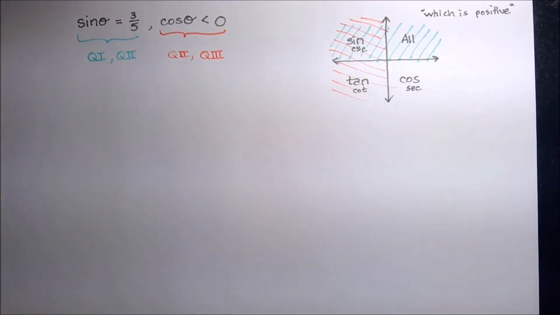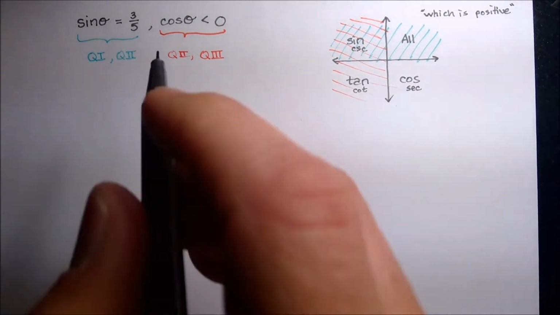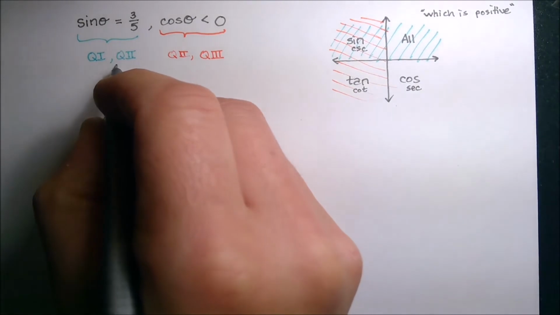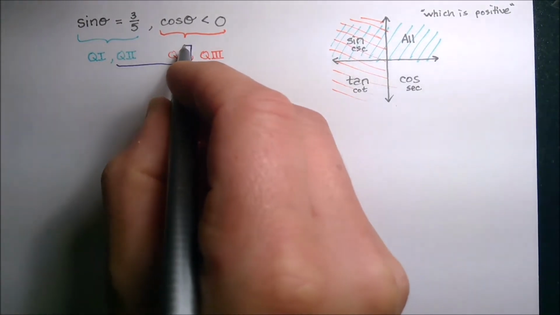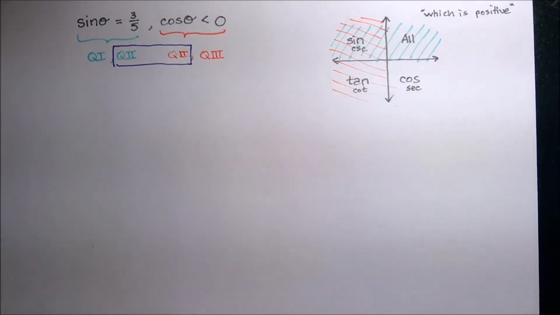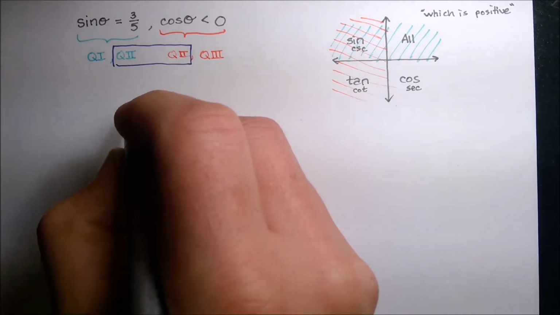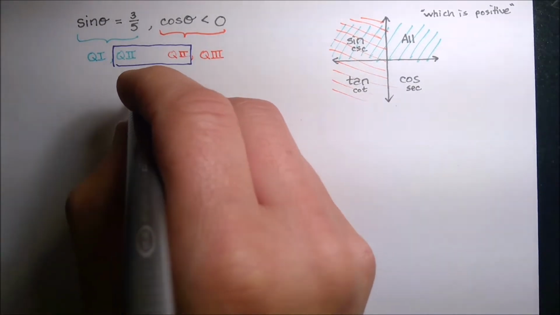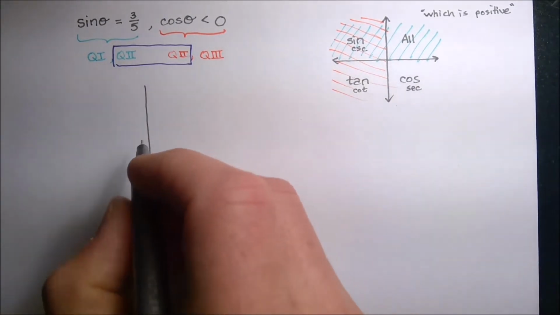And notice that information, the blue and the red information, overlap in the second quadrant. So that tells us that the second quadrant is where this angle theta must be, because that's what's common to both pieces of given information.